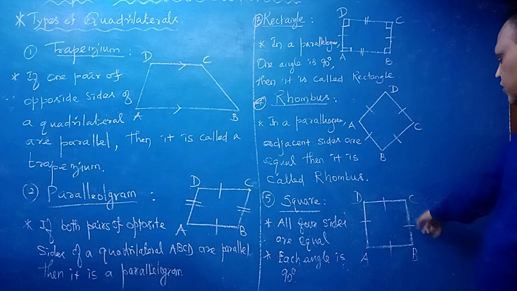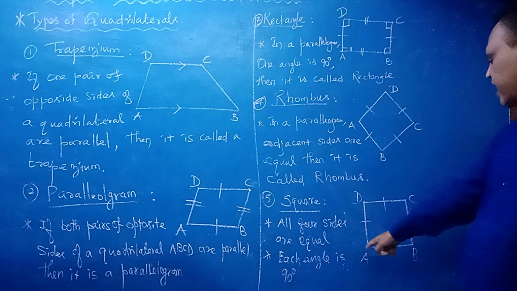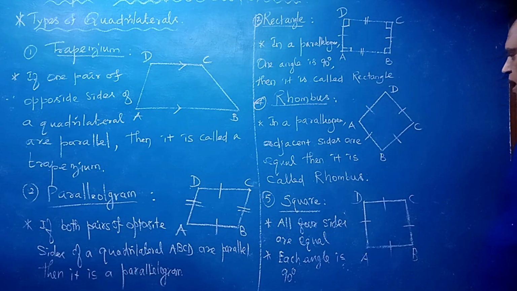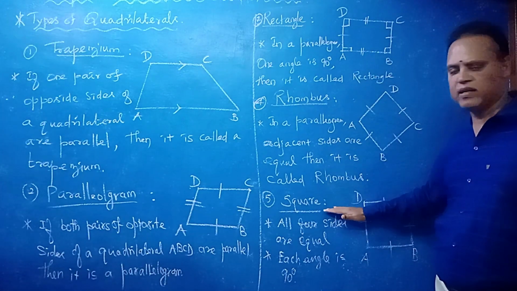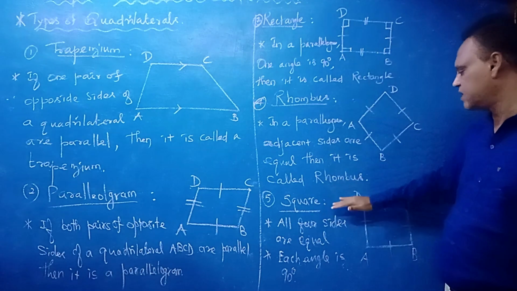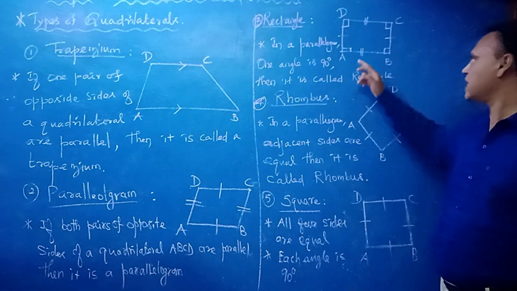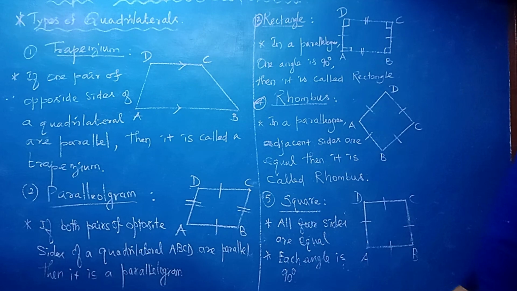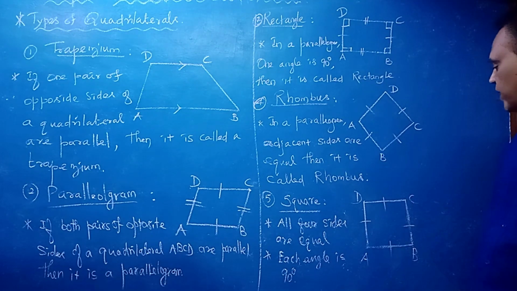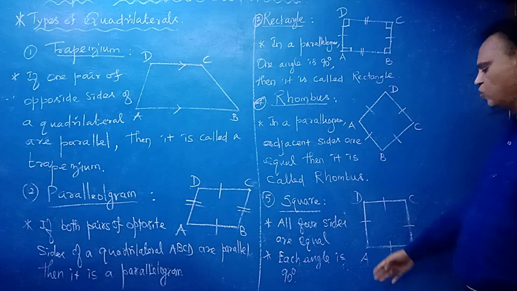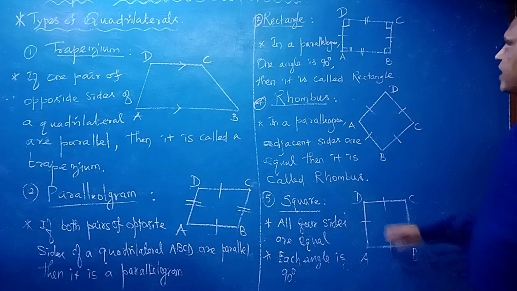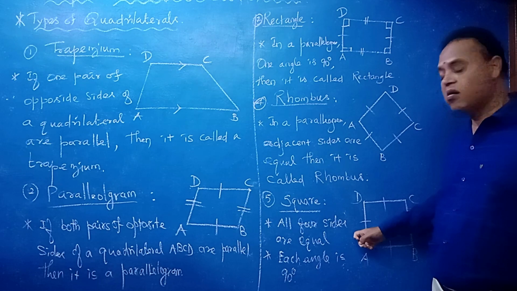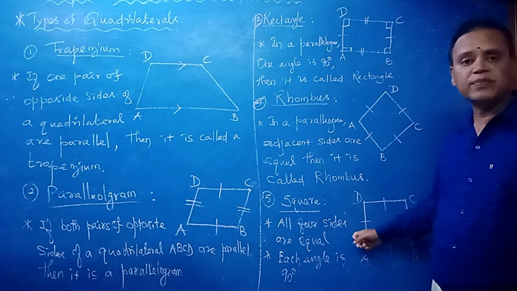Square: all sides are equal and each angle is 90 degrees. When a rectangle becomes a square, it means adjacent sides are equal. Adjacent sides being equal, automatically the diagonals are also equal and all sides become equal.